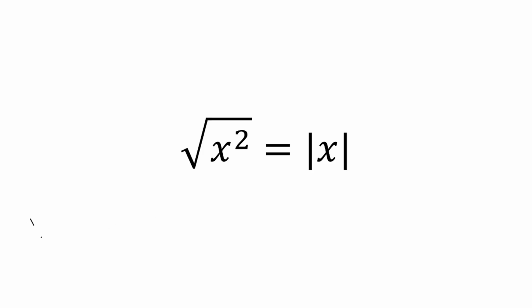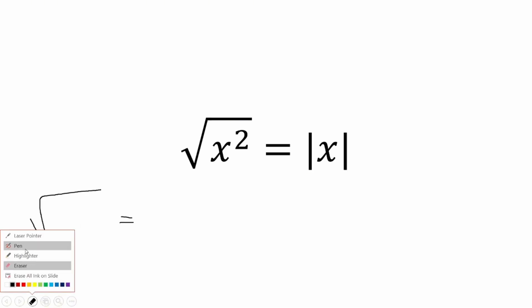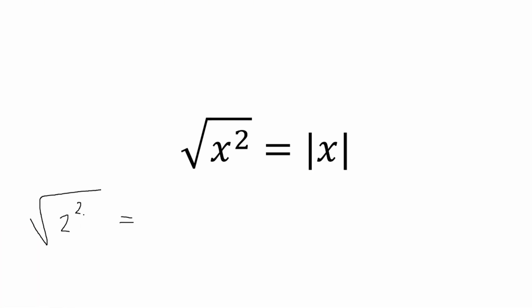For example, if you have the square root of 2 to the power of 2, well then you'll get the absolute value of 2. And the absolute value of 2 can be either equal to 2 or to negative 2, because the absolute value of 2 is 2 and the absolute value of negative 2 is also 2.